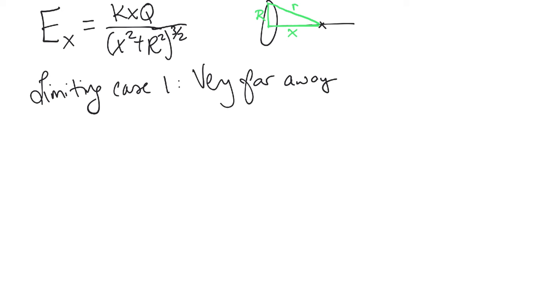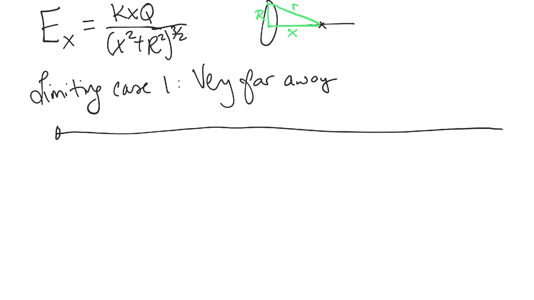So I have my little ring, and I want to look very far away. What do you think that's going to look like? Hopefully you realize it's going to look like a point charge. So let's prove that.